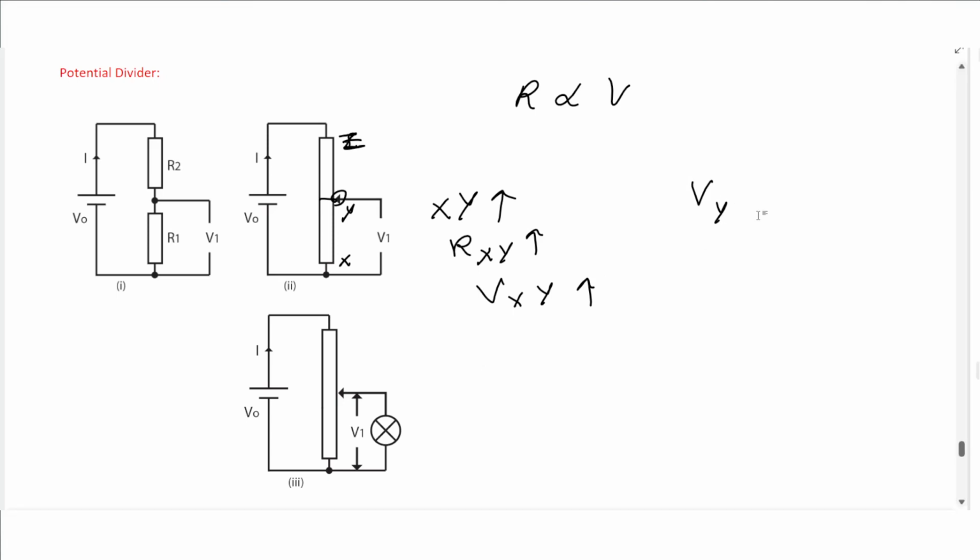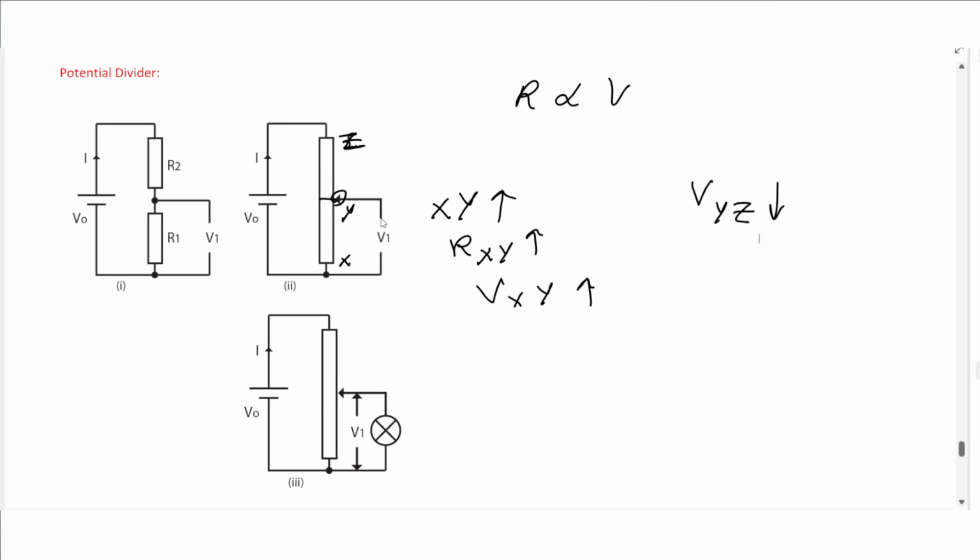Since the total voltage is the same, if one voltage increases, the rest of the voltage decreases. For example, at first the voltage was 12 volts and it was divided 6 and 6. But since the lower part increased, the lower part became 7, so the upper part will become 5, so the total will remain 12.